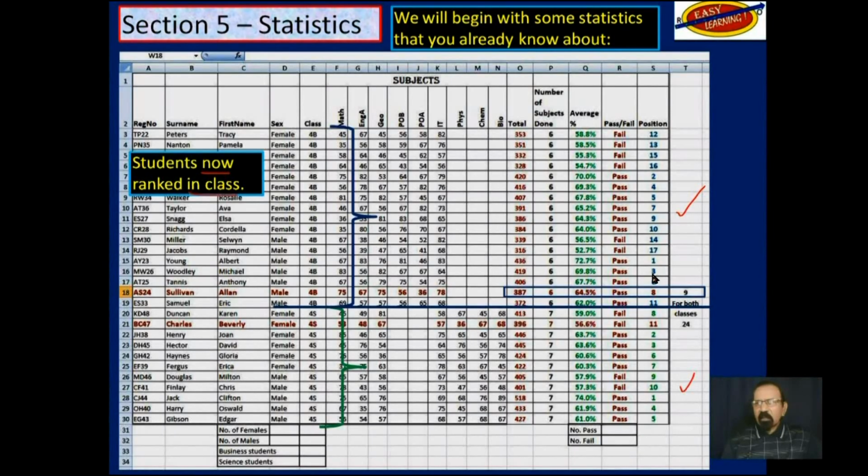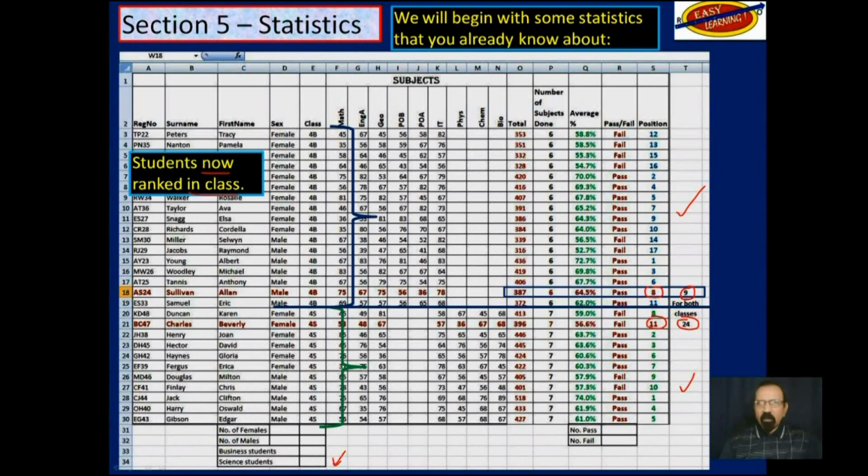Note that Alan, when ranked with the other class, was 9th, now he is 8th. And Beverly, when ranked with the other class, was 24th. Now she is 11th. And be careful with that, because that 11 may look good until we look at the number of students in these classes, which we will come to just now.